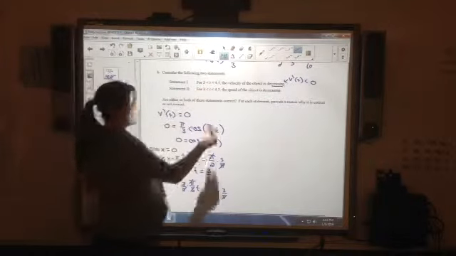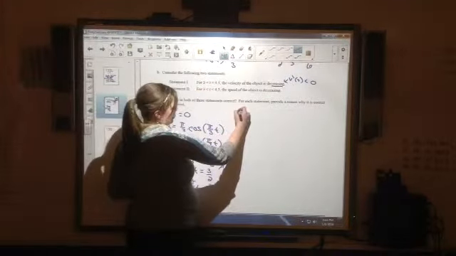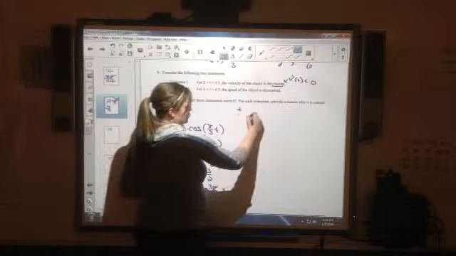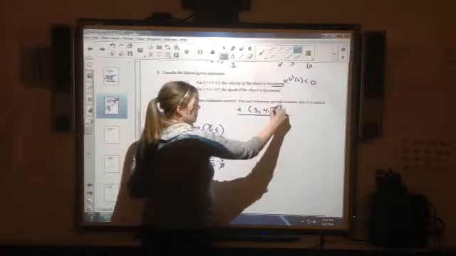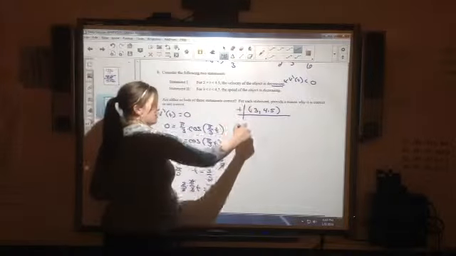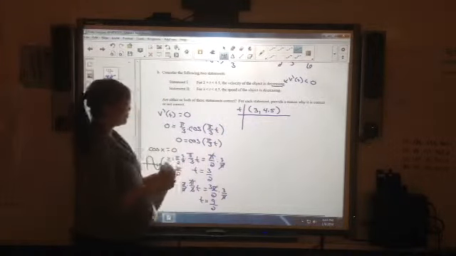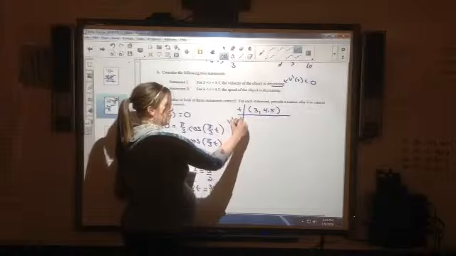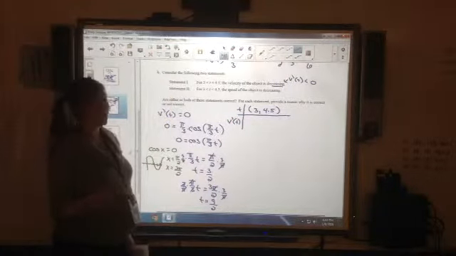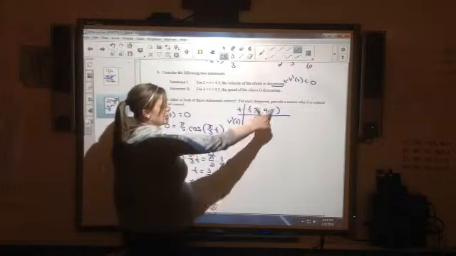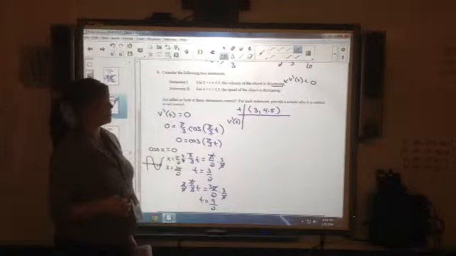Because I showed all this work, I don't have to do anything else with this. For v prime of t, I just want to know, is this number going to be positive or negative? So from 3 to 4.5, I need to pick some number in between them.